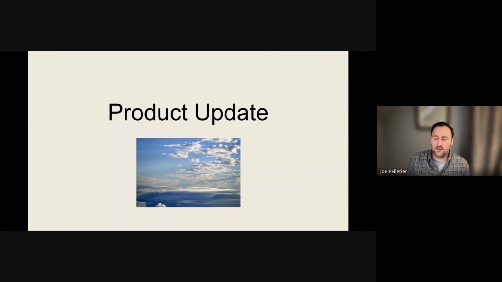Thanks, folks. In terms of the product updates, similar to what Jamie was saying, we've been making a lot of focus right now on the CLI, improving that reliability and reducing some of the exception cases that we have found.